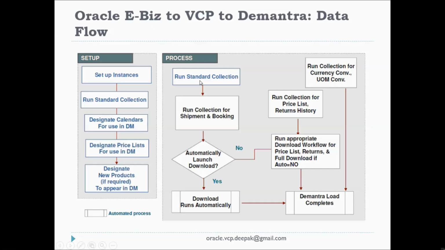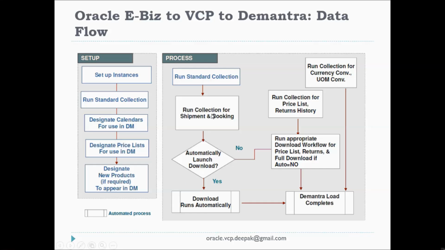In the process, we'll first run the standard collection every month or bi-monthly, and on top of that we have to run booking and shipment history programs. It collects the history, and then we will see all these steps one by one. So let's see the high-level activity.